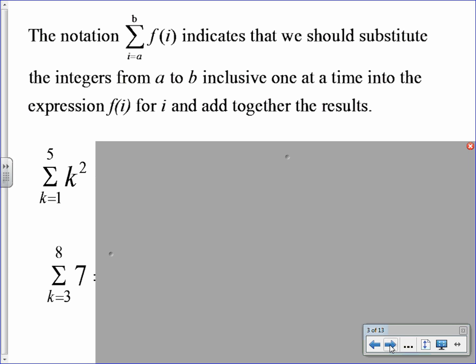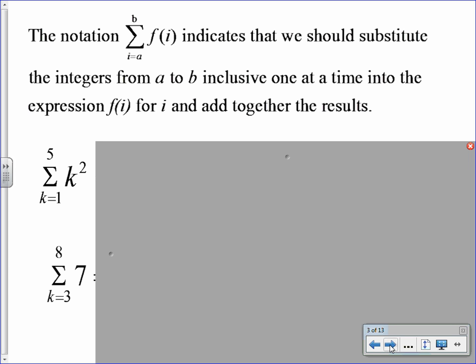Okay, so the sum from 1 to 5 of k squared. Brady, what would that look like? Okay, Nathan, go ahead. 1 plus 4 plus 9 plus 16 plus 25.